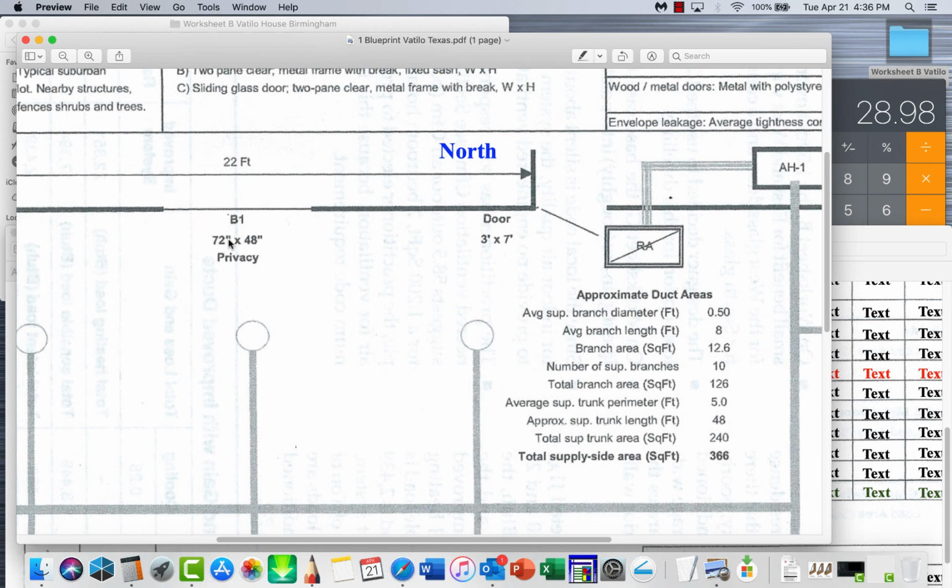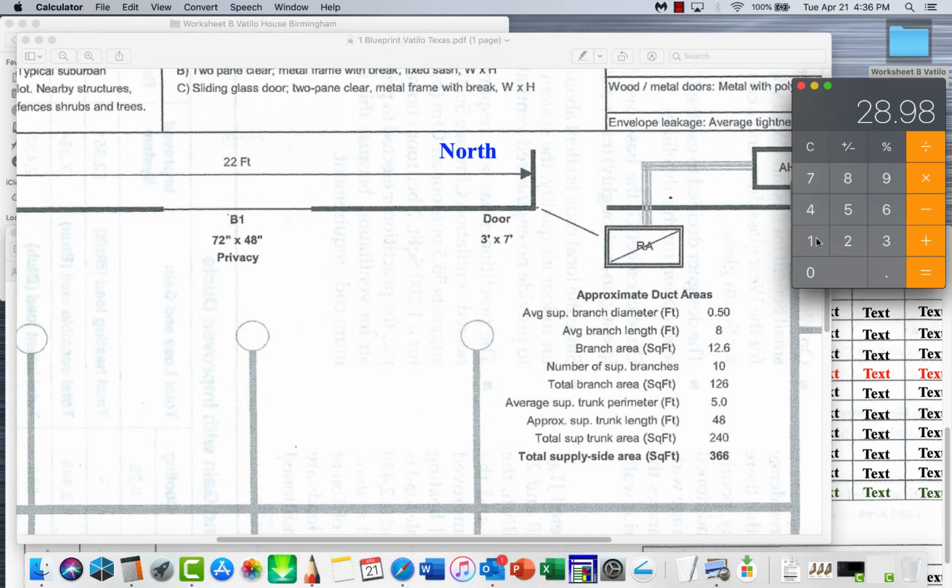So we have to turn this into square foot. How will we do that? Well, we can do the inches first. 72 times 48 gives me that, right? And of course, to figure out square footage, we just divide that by 144. So it's 24 square foot, correct?